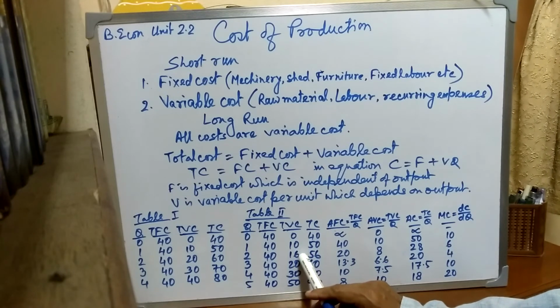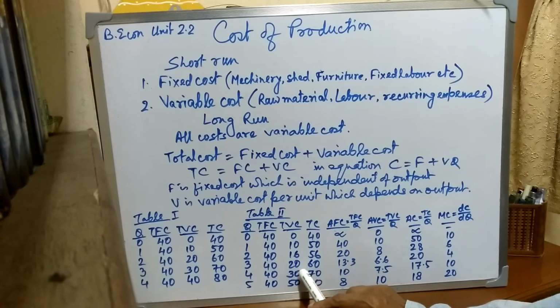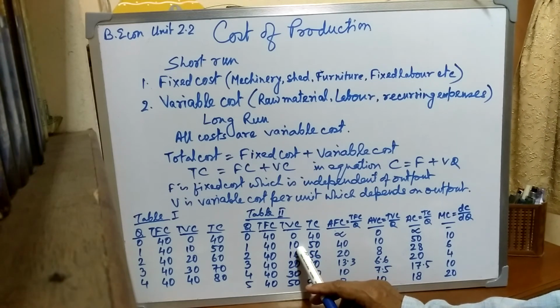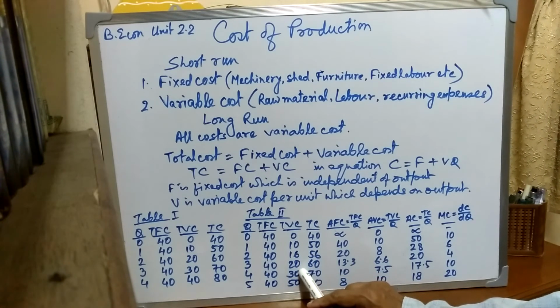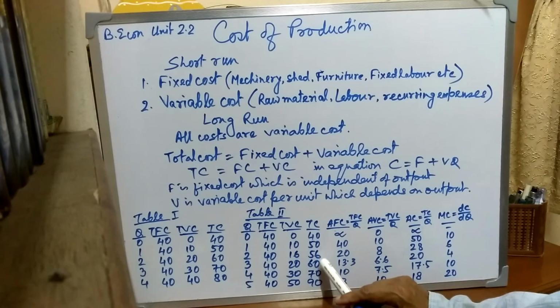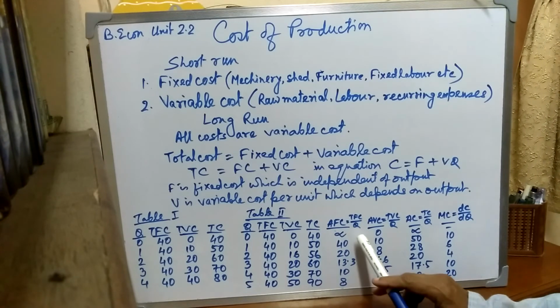For the second unit, it will not be 20, it will be 16. For third unit, it will be 20. For fourth, it will be 30. For fifth, it will again increase to 50. So in the initial stage of production, variable cost will increase at a decreasing rate, but afterwards it will increase at an increasing rate. So total costs show 40, 50, 56, 60, 70, 90.